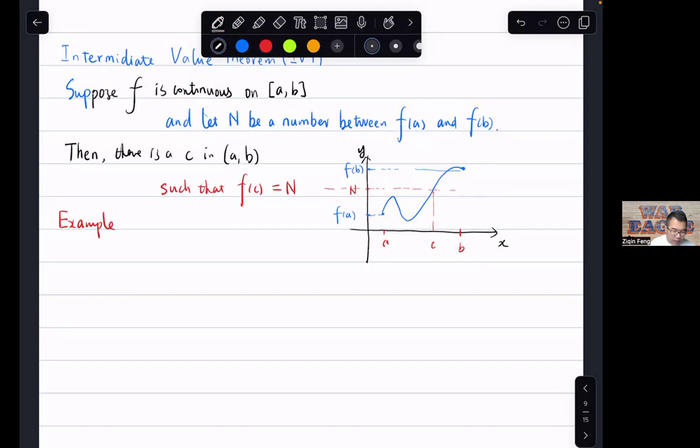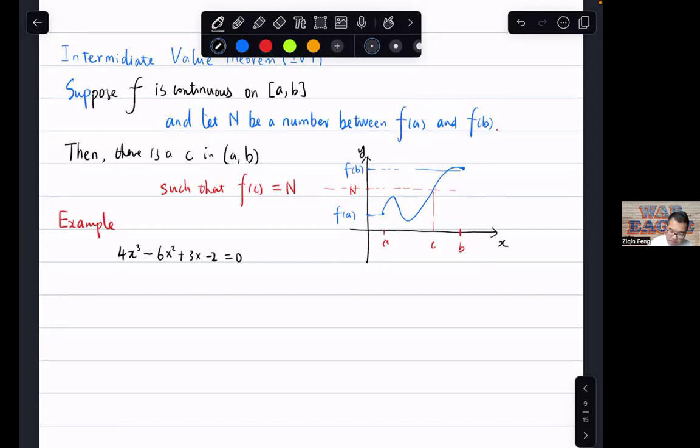We have an equation here: 4x cubed minus 6x squared plus 3x minus 2 equals 0. We want to solve it, but you can see that this equation is very hard to solve. What we want to do here is show that there must be a solution between some two numbers, but we don't know what the solution is.